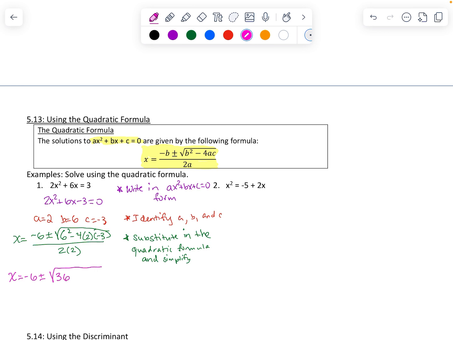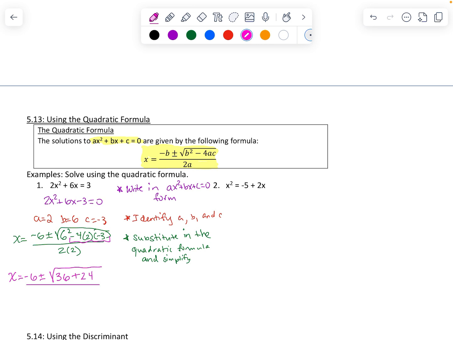The other thing I can do on this step is combine this stuff right here. And one of the biggest places that people make mistakes is with negatives. So you'll notice I have a minus in the middle and I have a negative 3. Negative times a negative is a positive. So make sure you are aware of what sign you have. Then I'm going to do 4 times 2 times 3. That gives me 24.